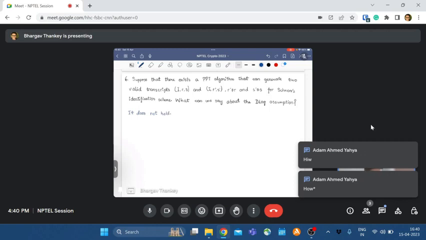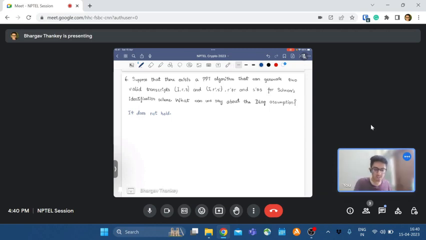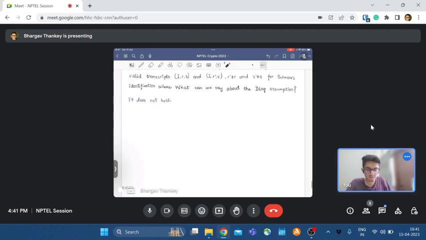So what we'll do is the following. Suppose you have an algorithm A prime that can generate two such transcripts. We will use that to compute a D-log.